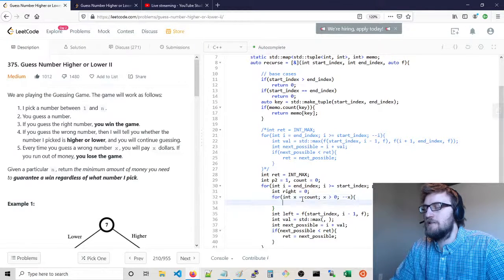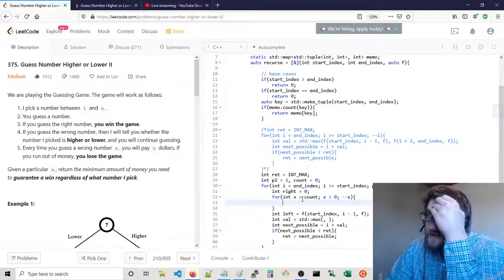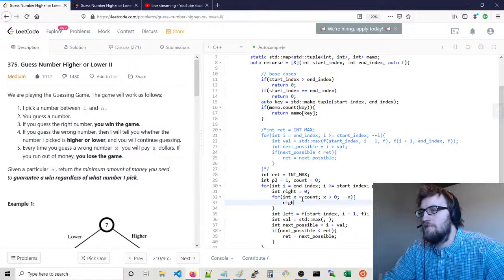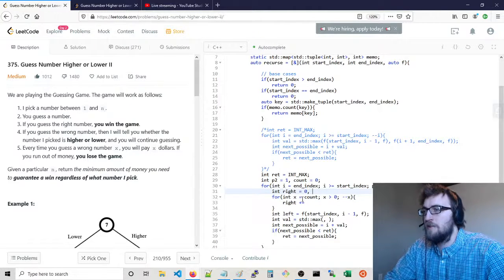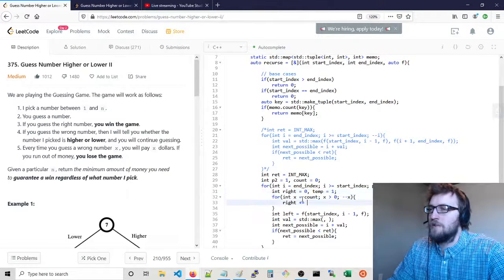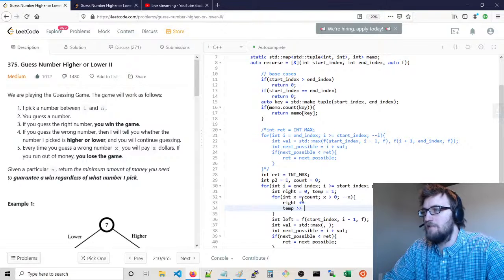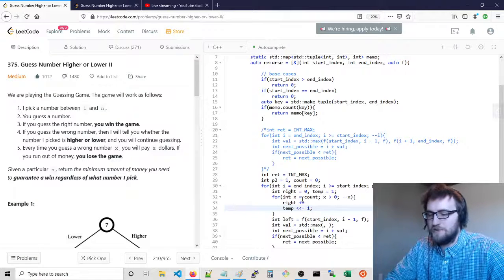So we do this count number of times, and we're going to write plus equals temp, we'll call that 1. So temp is going to bit shift to the left 1, so multiply by power of 2.